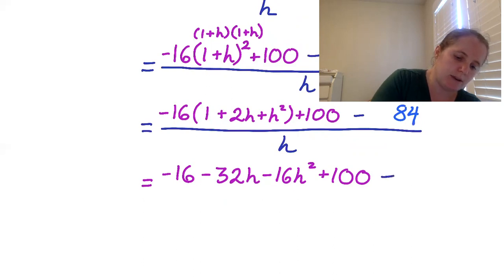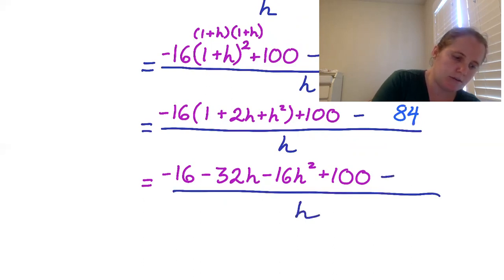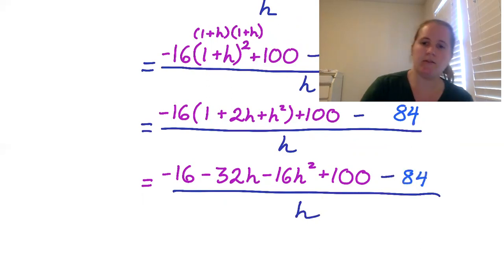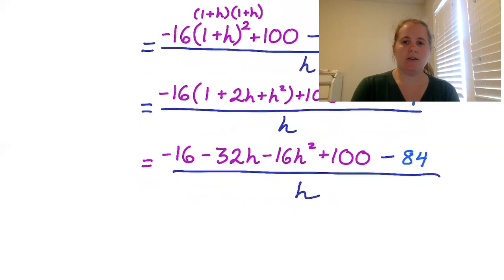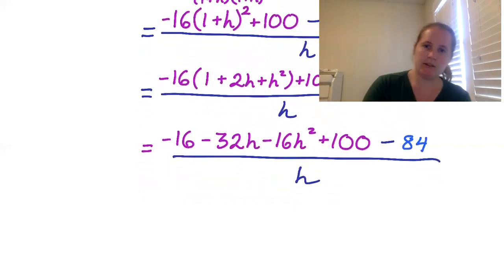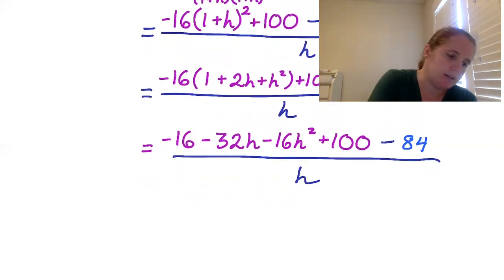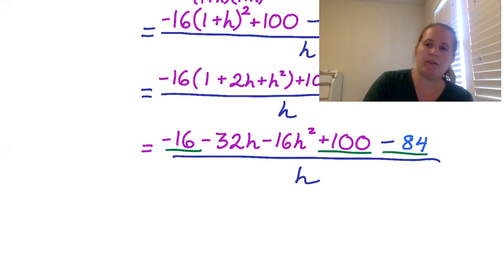And we are subtracting off 84 and dividing by h. Now, if we do negative 16 plus 100 minus 84, like terms, everything I have underlined in green, if we combine those, that just goes to 0.